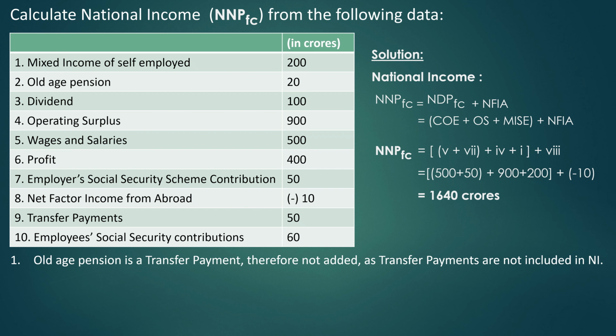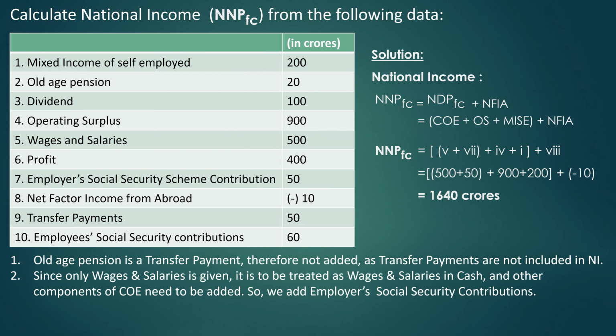There are some important points that you need to remember for this numerical. First, old age pension is a transfer payment and therefore not added, as transfer payments are never included while calculating national income. Second, since wages and salaries is given as an entry, it is to be treated as wages and salaries in cash, and therefore other components of COE need to be added. So in this numerical, we add employers' contribution to Social Security to wages and salaries to get a complete component of COE.